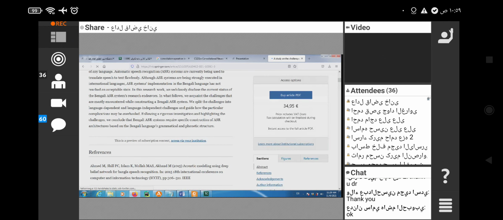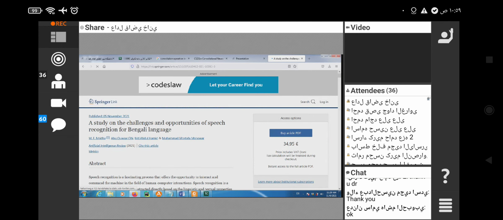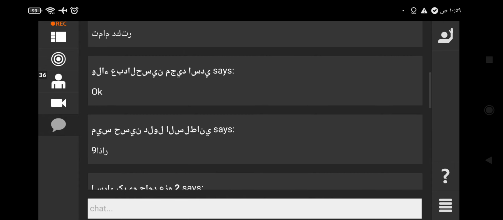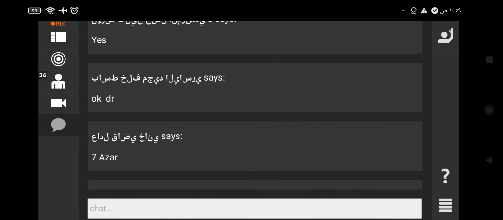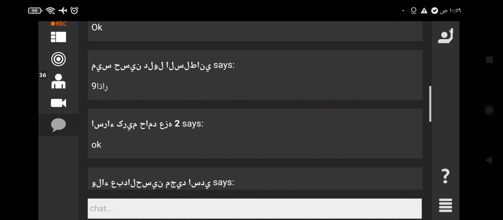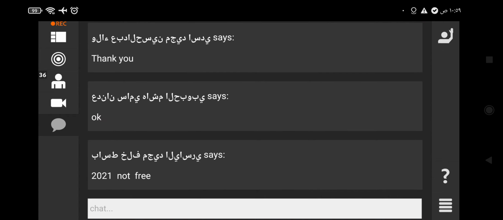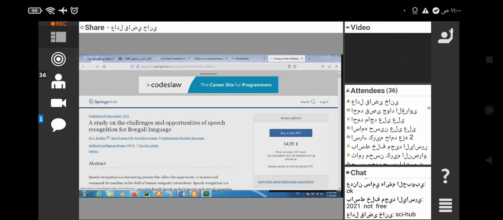But these papers are not free, so there are some sites on the internet where you can access them, for example freepaper.ir, or another site, SCI-Hub. You can download the paper there.